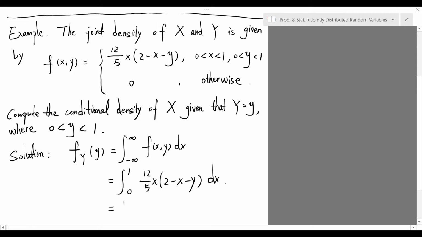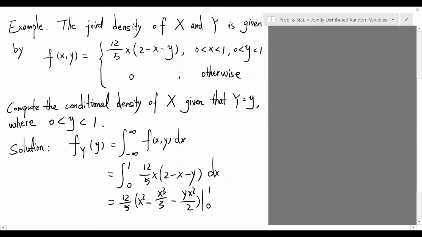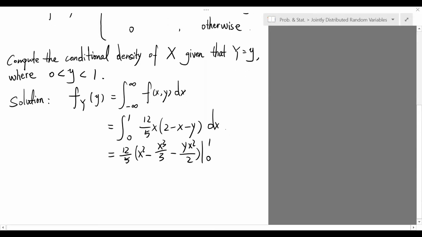The antiderivative is just given by 12 over 5 times x squared minus x cubed divided by 3 minus y times x squared over 2. We conclude that the marginal density function is just this expression.